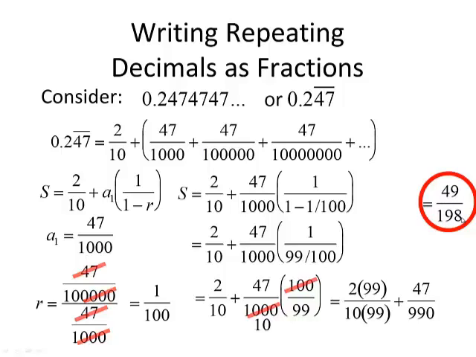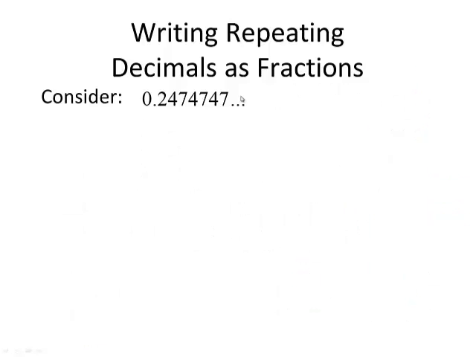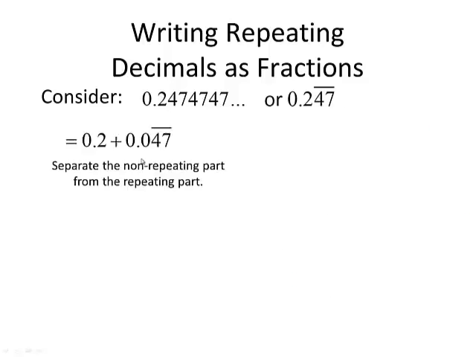Now, let me offer you a little amendment to that shortcut that I gave you. Let me show you what I mean. You're going to take that 0.2, the 2/10, out, and separate the non-repeating part from the repeating part, like I did in the last slide, except you're going to do this as 9 over 9s.